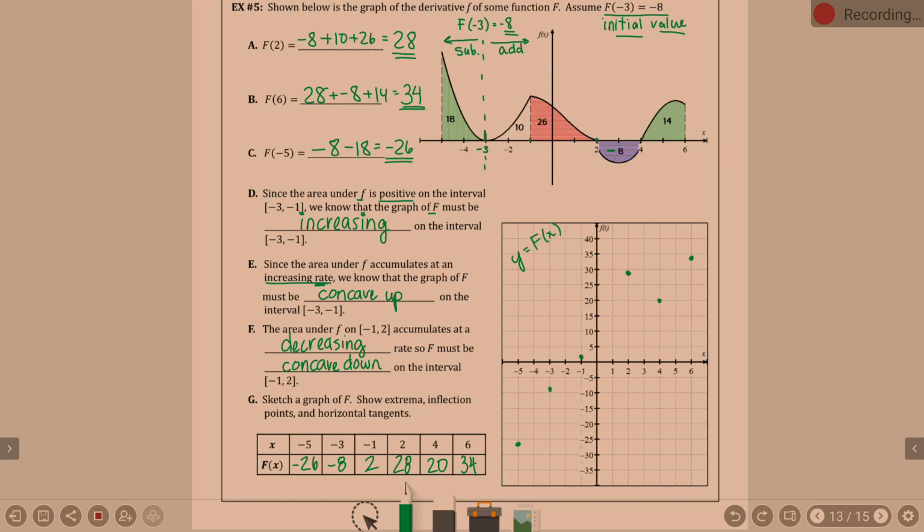Let's see if I can make this. I don't know if I can make this happen. So what did we say? We said concave up, concave down. That's kind of a concave up to concave down-ish, right? Okay. So from 2 to 4, it's below, so there's your decreasing there.